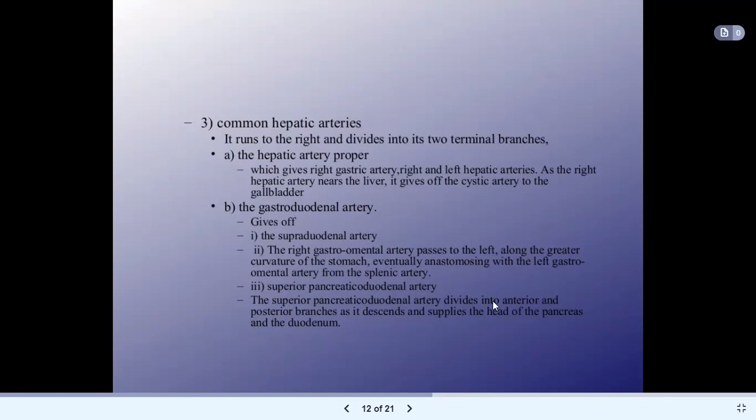This artery divides into anterior and posterior branches as it descends and supplies the head of the pancreas and the duodenum. So from the name, pancreaticoduodenal, it supplies the head of pancreas and duodenum. But again, they are all coming from the celiac trunk.